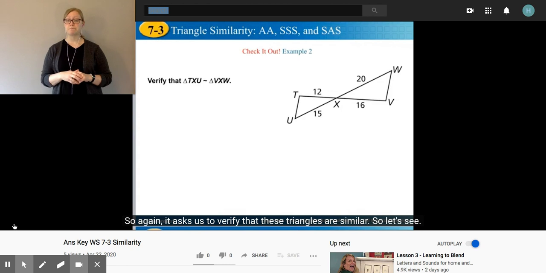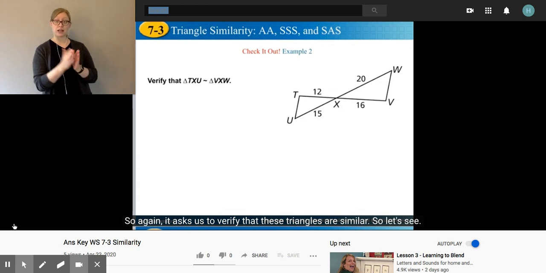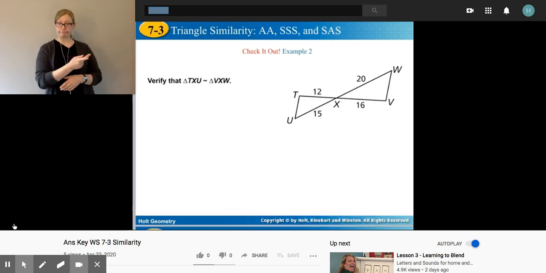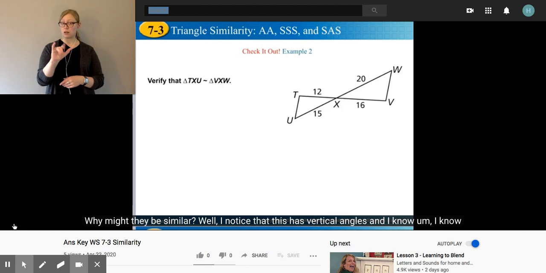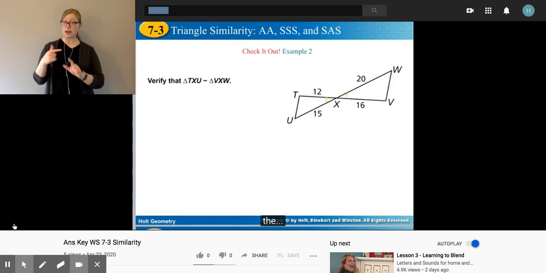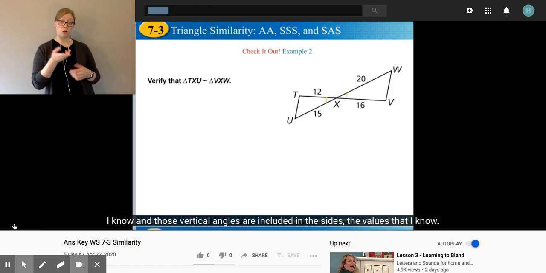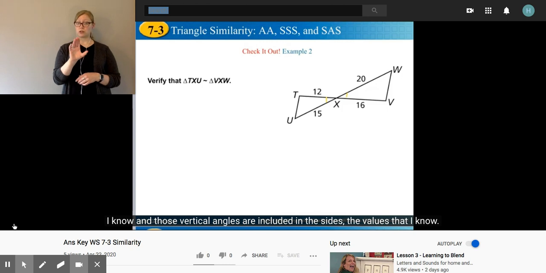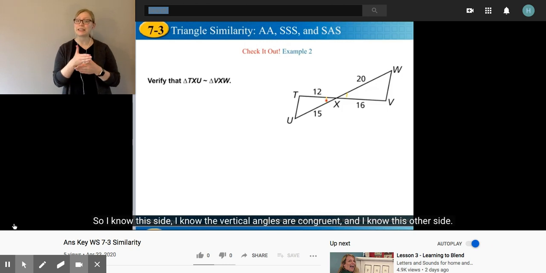So again, it asks us to verify that these triangles are similar. So let's see. Why might they be similar? Well, I notice that this has vertical angles, and those vertical angles are included in the side values that I know. So I know this side, I know the vertical angles are congruent, and I know this other side.